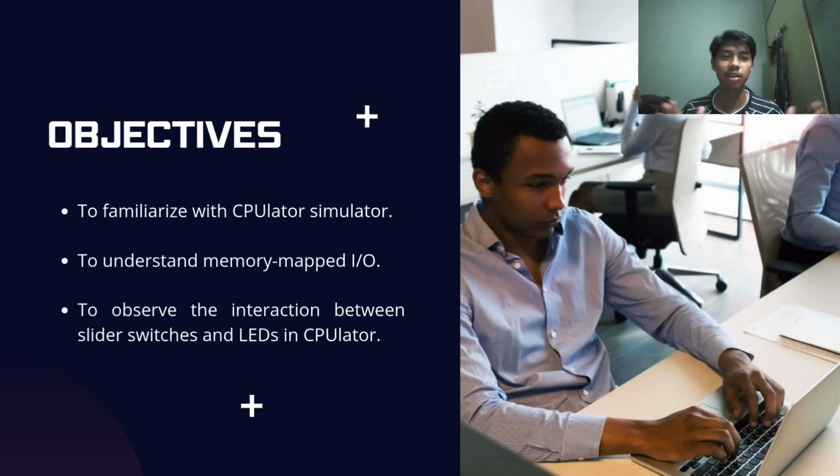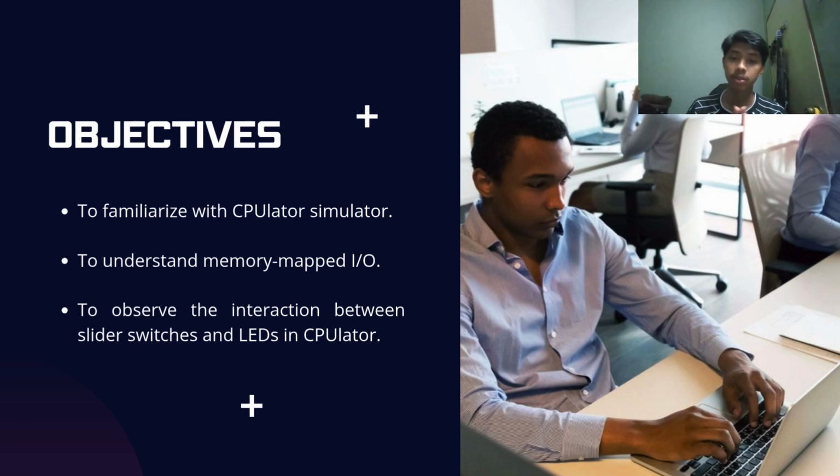So here's our objective for this lab. For this Lab 2, we conclude that we got three objectives that we need to achieve. Firstly, we need to familiarize with the CPUlator simulator. Then we need to understand memory-mapped input output.